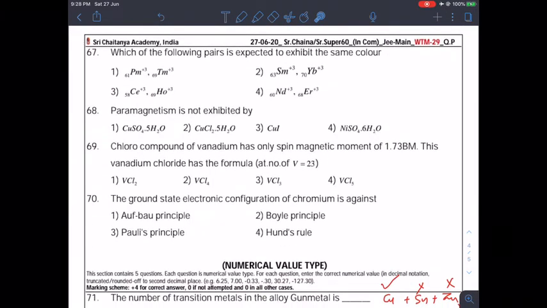Now let's talk about question number 67. Which of the following pairs is expected to exhibit the same color?